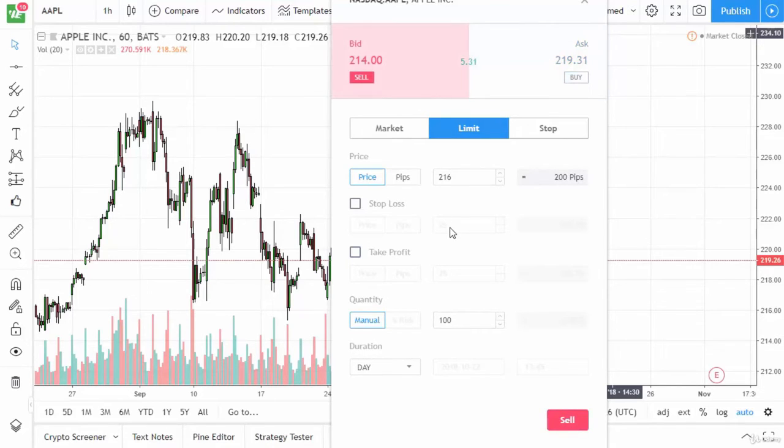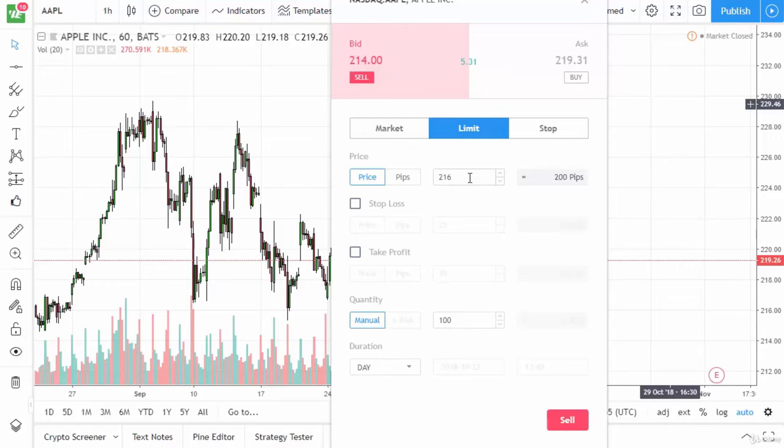Now, a sell limit order is the exact same thing, but opposite. So it's above the current bid. So in this case, I want to sell at 216. Right now, they're only bidding at 214, so they need to drive price up to me, and I will sell them 100 shares. It's also a way to perhaps take profit on the way up.